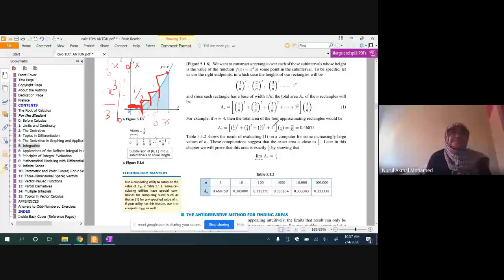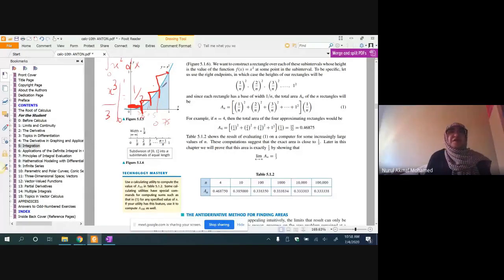And then what about the height? The height is defined by the function. The function is y equal to x squared. So if this is 0.25, the height will be 0.25 squared, for the height of the first rectangle. For the second rectangle, the x coordinate is 0.5, and the height corresponding to 0.5 will be 0.5 squared, because the curve here is y equal to x squared.